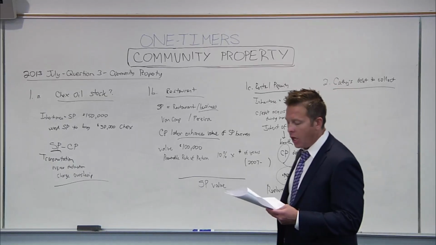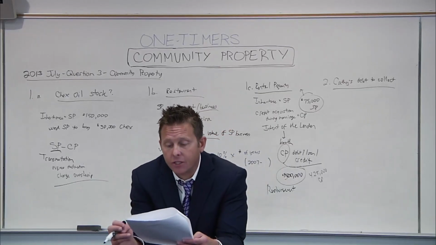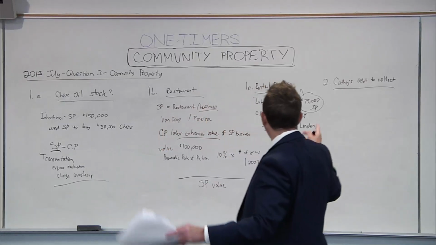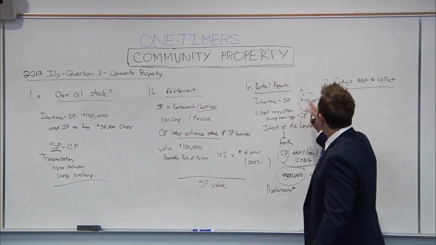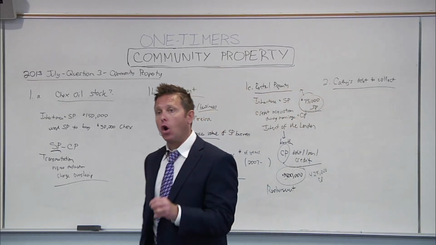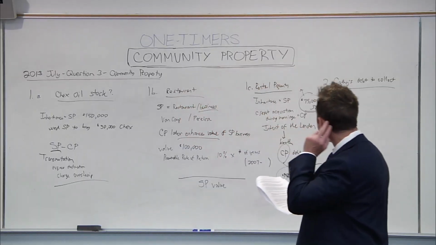You have to do a percentage, which would be $75,000 into $500,000, which means the community would own an 85% interest, and he would only have a 15% interest because his separate property put the down payment on the home, but the home's separate property, so that argument's probably not going to work.